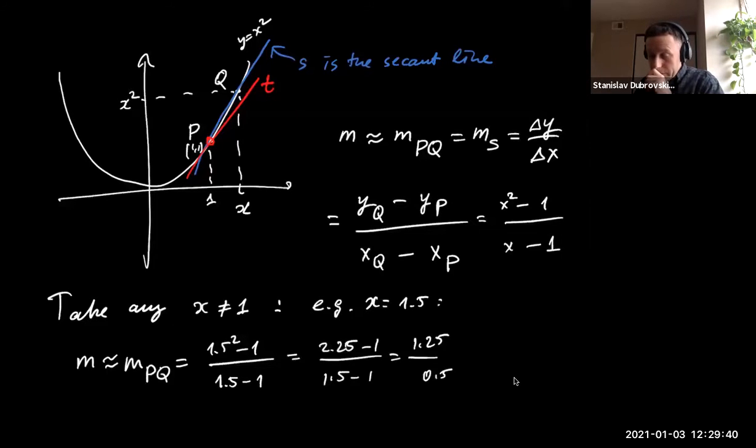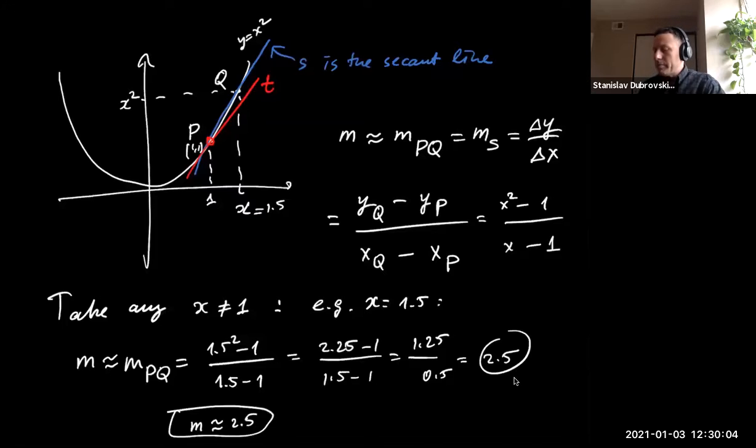If you divide 1.25 by a half, how many times does it fit into 1.25? Twice, a little bit more than that, 2.5 times. So we can say that taking x to be equal to 1.5, then our m will be approximately equal to 2.5.